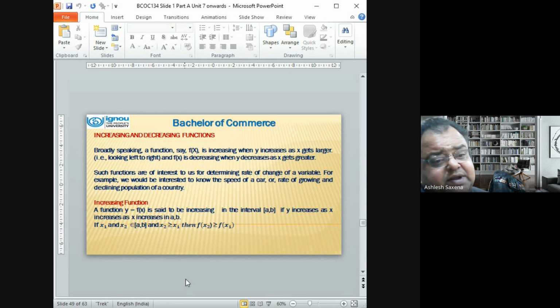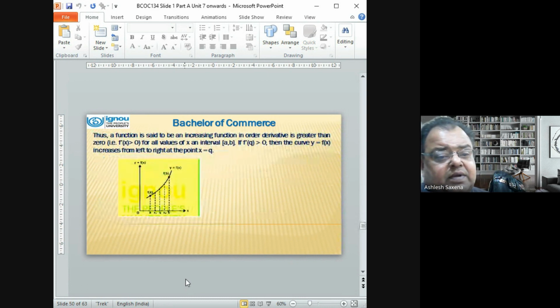If x1 and x2 both belong to (a, b), and x2 is greater than or equal to x1, then f(x2) must be greater than or equal to f(x1). Now you can see over here, the function is said to be increasing when the derivative is greater than 0.